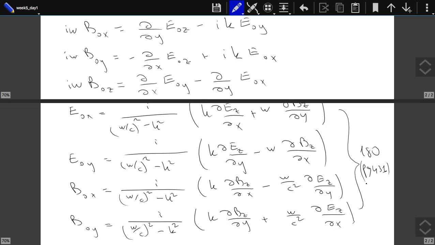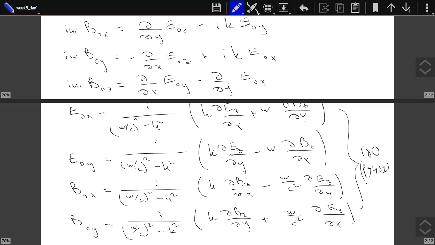When I take the derivative of E0y with respect to x, I get the second derivative of Ez with respect to x and y. When I look at the E0x and take its derivative with respect to y, I get the second derivative of Ez with respect to y and then x.